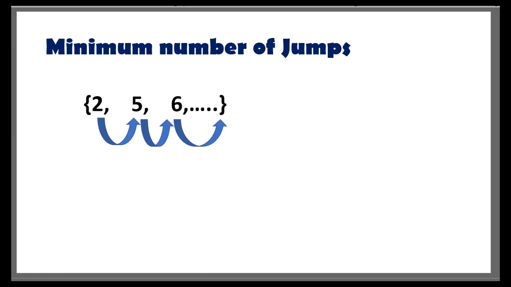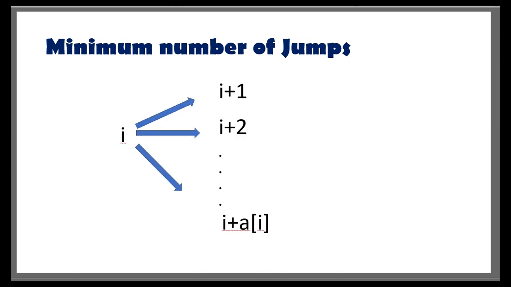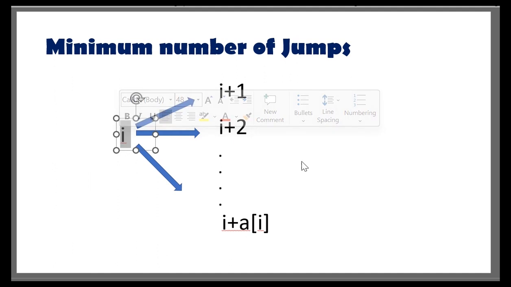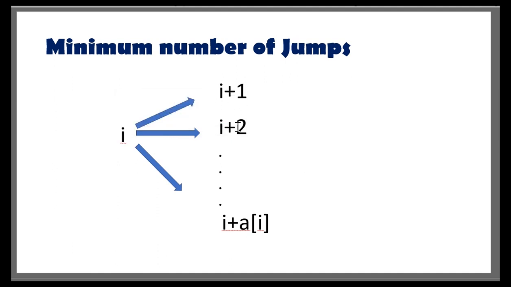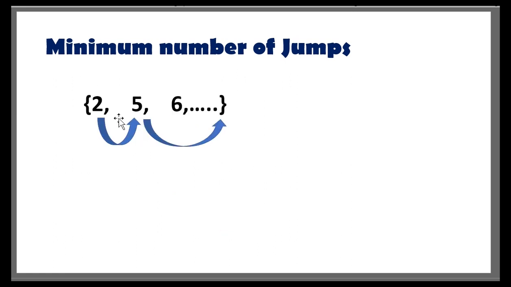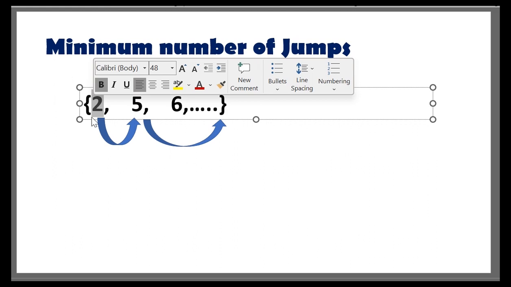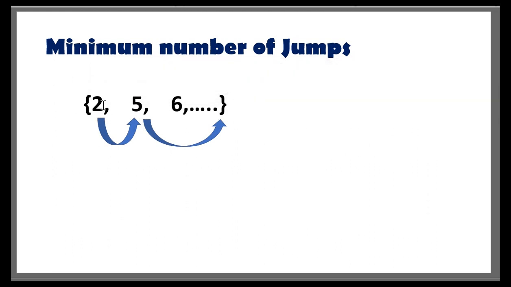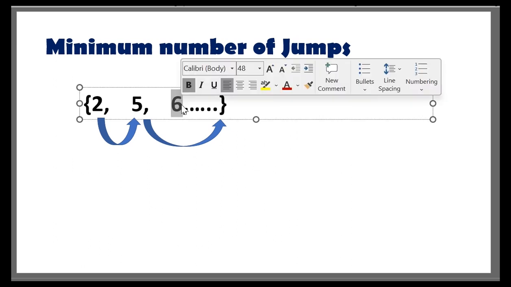So we can understand this like this. If we are at index I, we can move to index I plus 1, I plus 2, till I plus a of I. In this example, when we are at 2 and the index is 0, which means 2 plus 0, we can move to a maximum of the second index, which is 6.